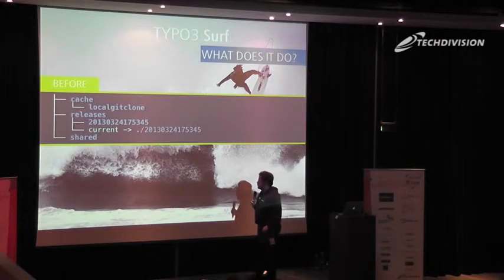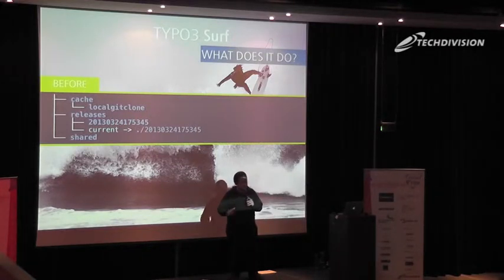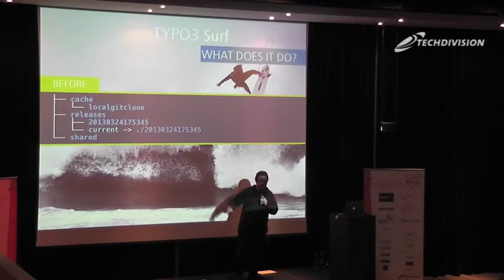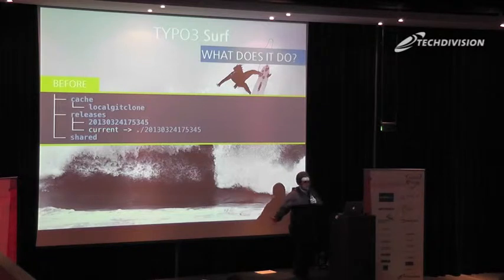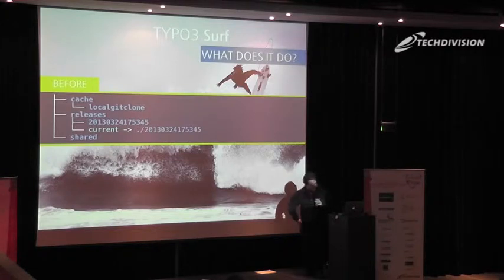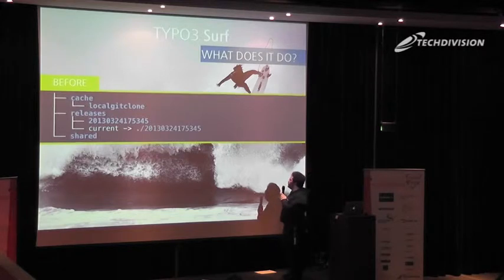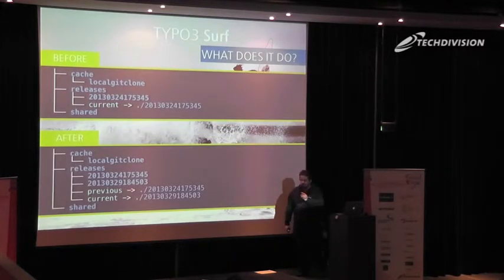So if we imagine that this is a web server, we can just point our document root to this current symlink, and we can ensure that our server always delivers the current version of our application. So then when we start a new deployment, Surf will do this.